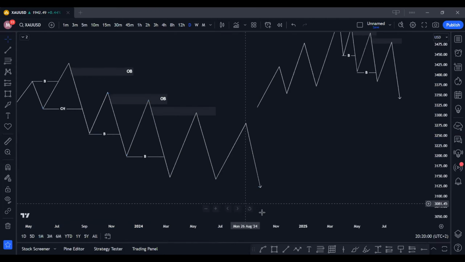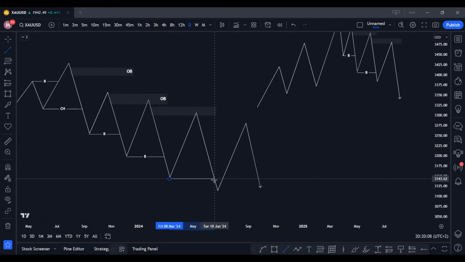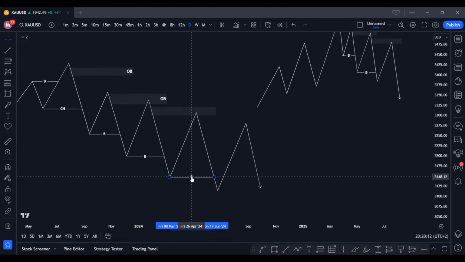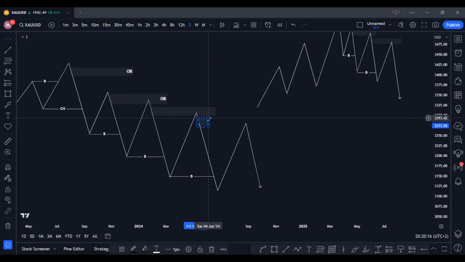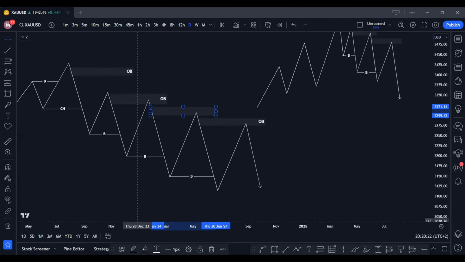Respecting your lower high, and price violating our previous lower low and pulling back to our lower high and taking our selling opportunities of this area here, okay?